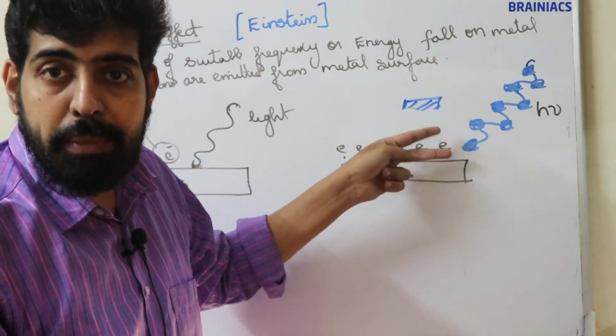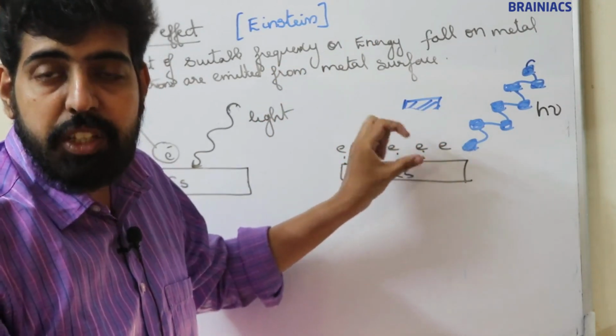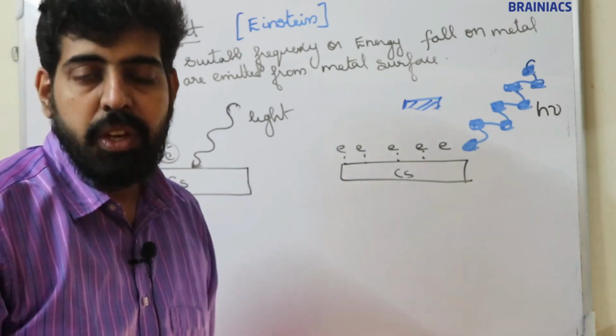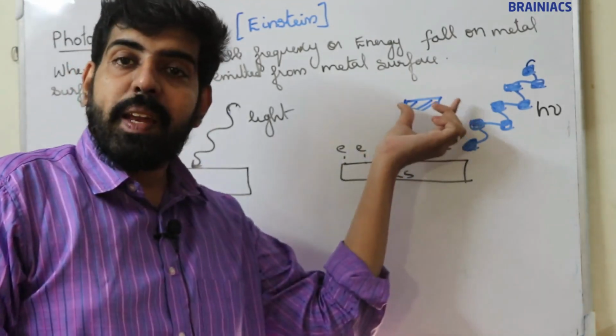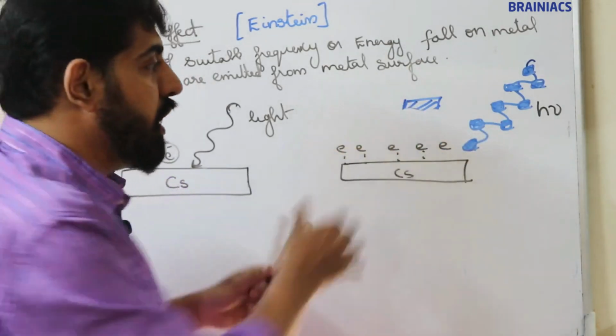The bond between the electron and the metal surface is cleaved. Now the electron is free. Now the remaining energy of the packet is given to the electron.